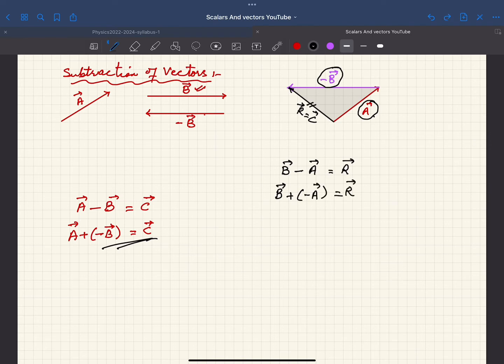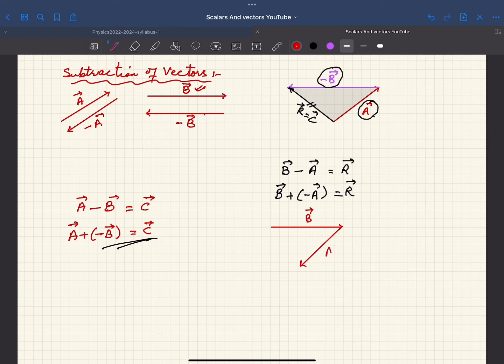So you have the situation where B vector is in the same direction as before, and this is your first vector. But as far as A is concerned, here you have to consider the negative of A. So this negative of A you will add here, something like this.